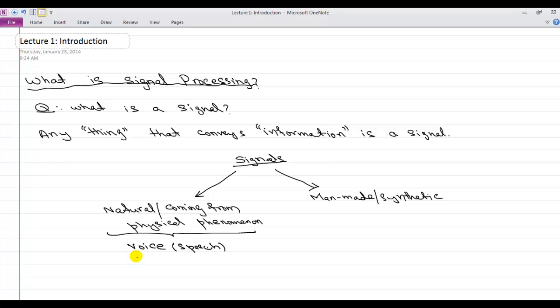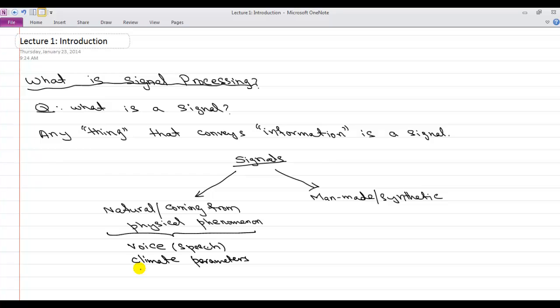We have climate parameters: temperature, pressure, carbon dioxide emissions, all those readings, sunlight intensity. Right? So climate parameters. Any visual scene is a signal. I'm looking at this 2D thing, and if someone of you were to raise your hand, that visually is conveying some information to me.